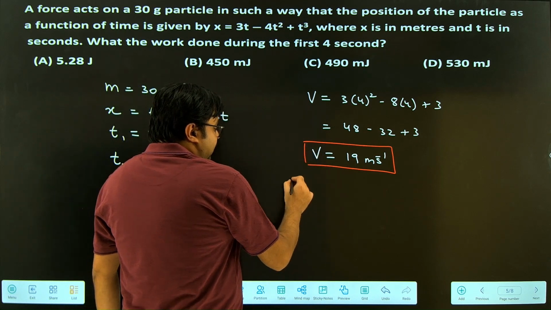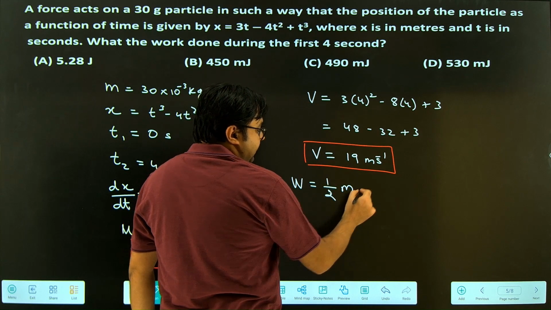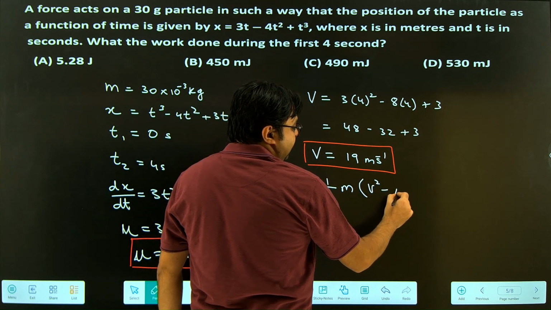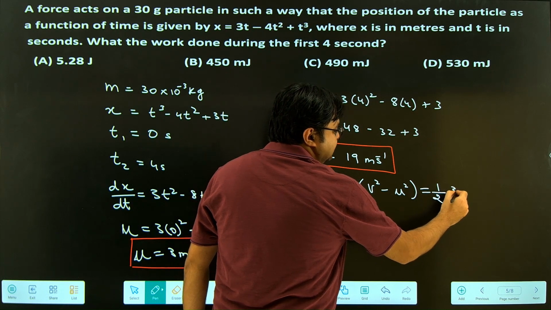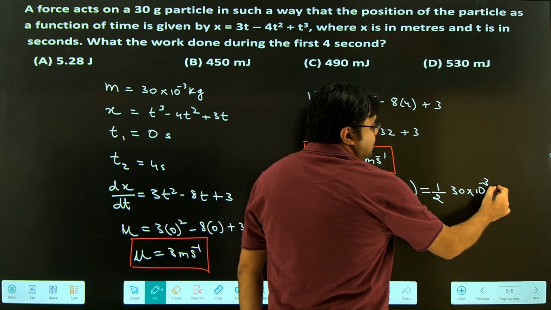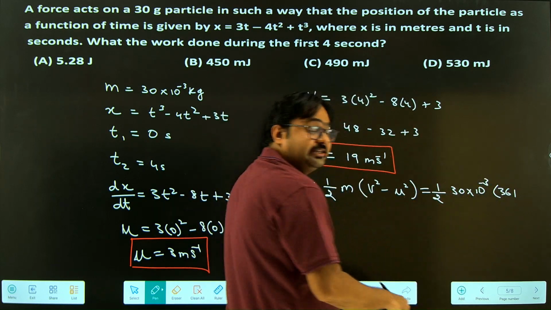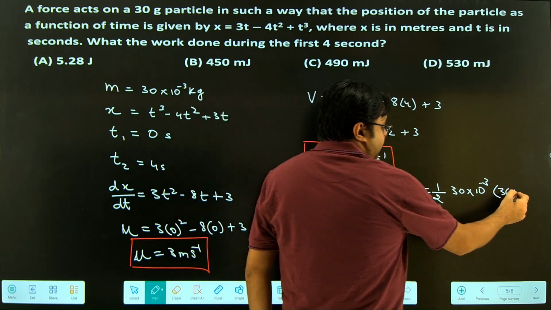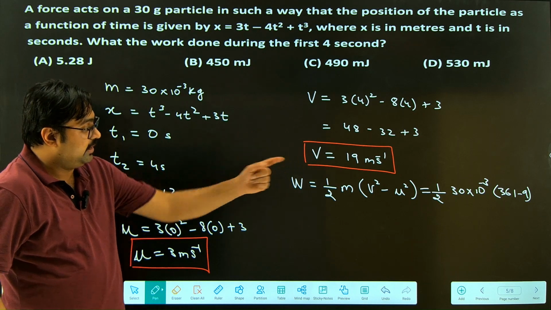Well, the work done would simply be equal to half into mass into final velocity square minus initial velocity square. So I have half, mass is 30 gram, 10 to the power of minus 3 kg, multiplied by v square, which is 361, 19 square is 361, minus 9, because 3 square, the initial velocity square, is 9.